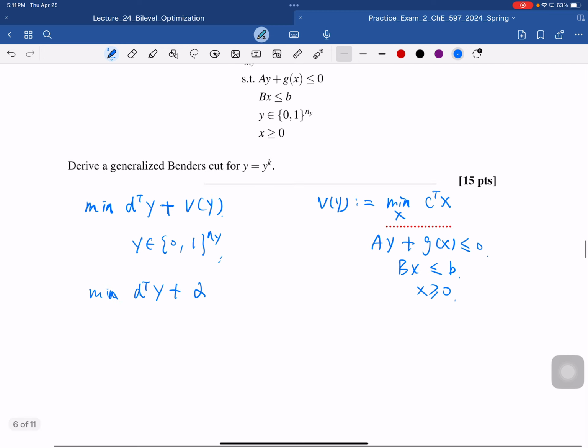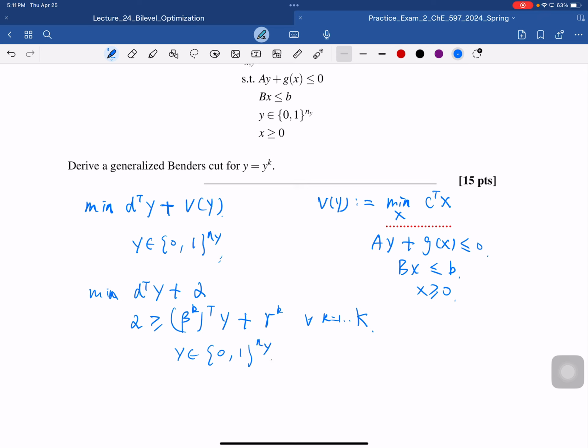So you can use alpha to represent the value function. And then the form of the cuts is usually something like alpha greater than or equal to beta k transpose y plus gamma k, for k from 1 to capital K.